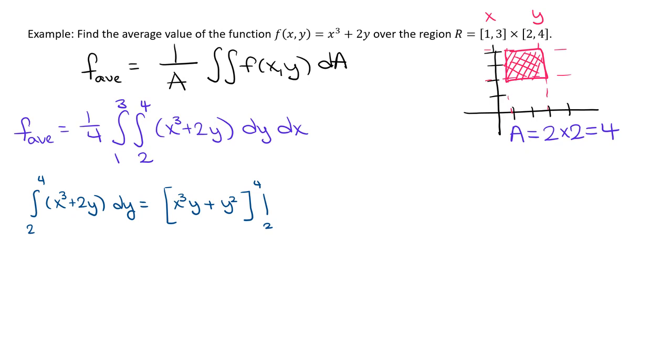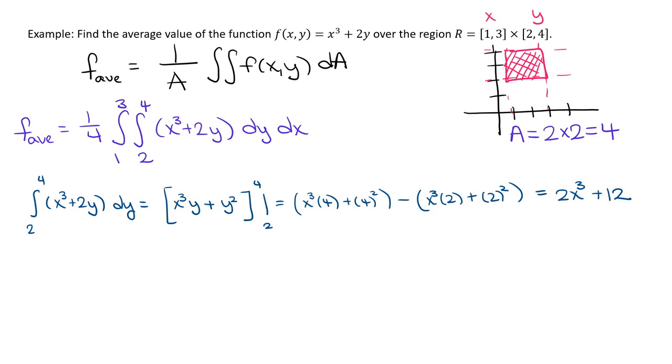So let's start with our inside integral from 2 to 4, integrating with respect to y. The antiderivative of x^3 is x^3 times y. Remember, we're treating that x^3 like a constant, so constant times y. And then the 2y turns into 2y^2 over 2, or just y^2.